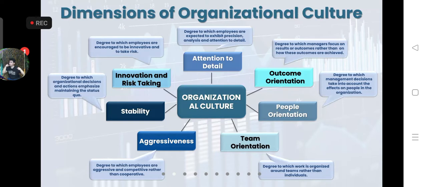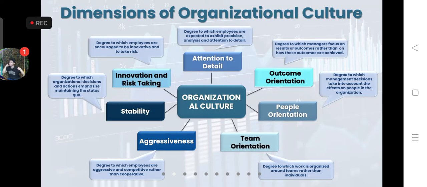This was research that suggests 7 dimensions: attention to detail, outcome orientation, people orientation, team orientation, aggressiveness, stability, innovation, and risk taking. So this research suggests 7 dimensions that can be used to describe an organization's culture.